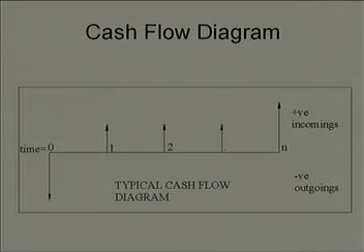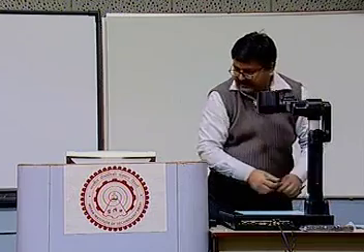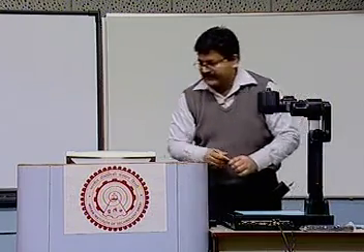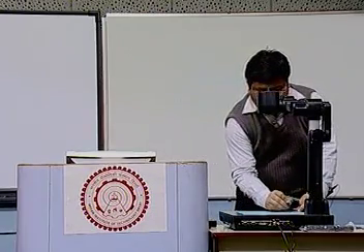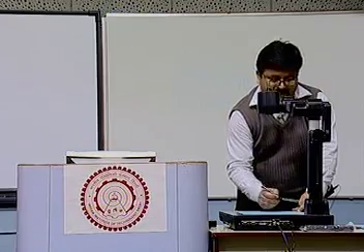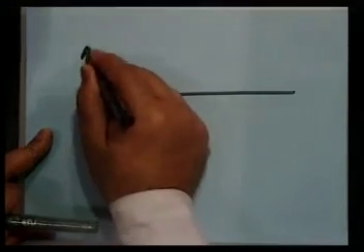Suppose I am going to receive $500 now. How will I show it on the cash flow diagram? This is, let us say, time t is equal to 0. Since I am going to receive it, I will show it on the plus side.